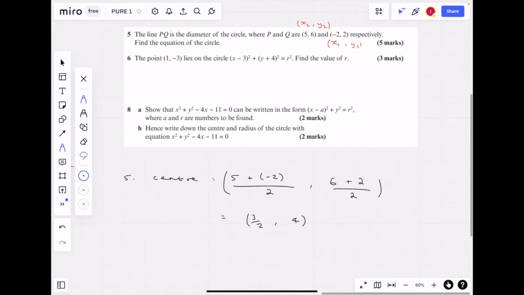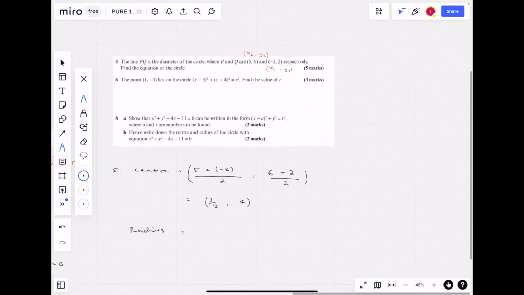Next, you're going to work out the radius. You can find the radius of the circle by working out the length of the line from P to the center or Q to the center.